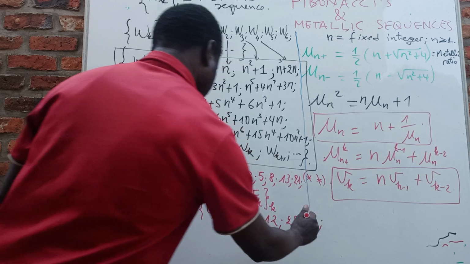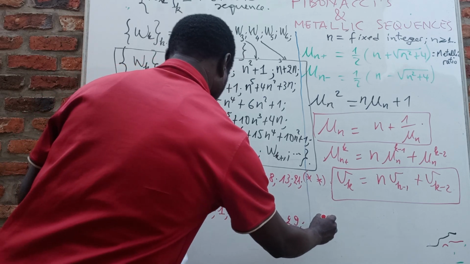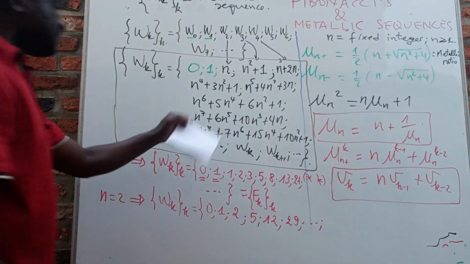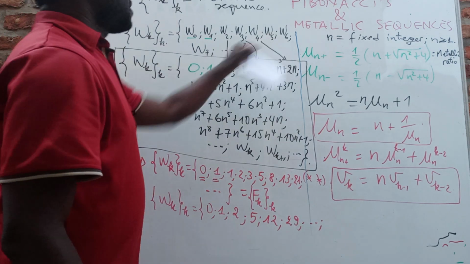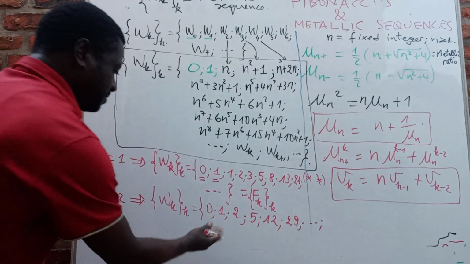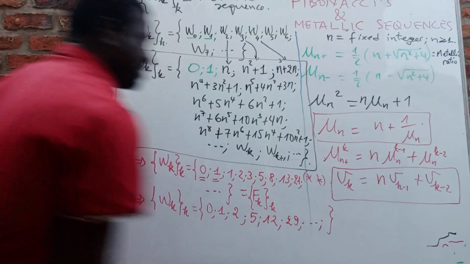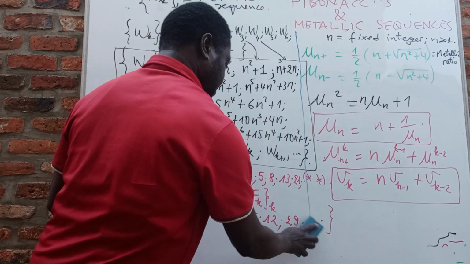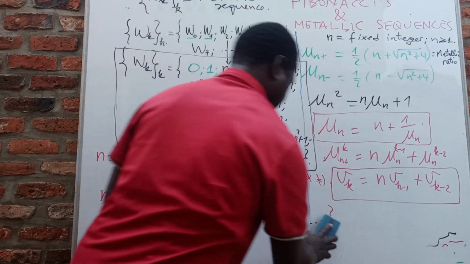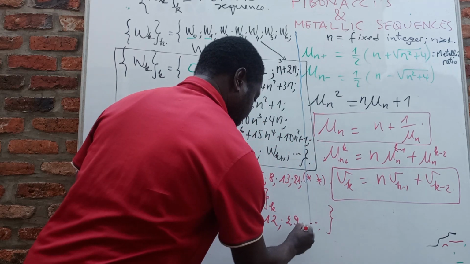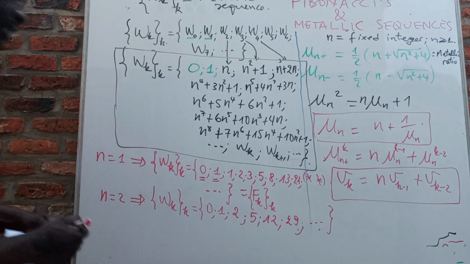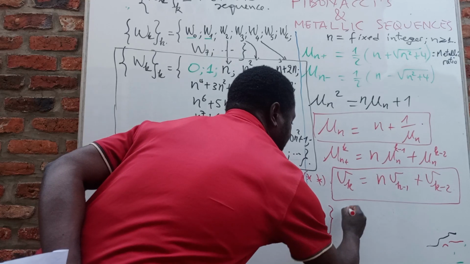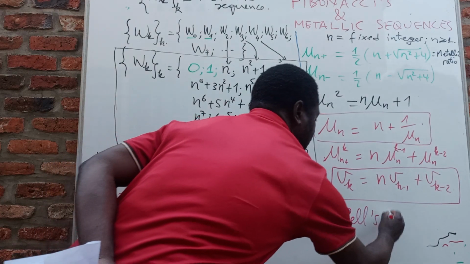So if we consider higher indexing of k, it will become this sequence. Actually, it is a very known sequence. This sequence is commonly known as the sequence of Pell numbers, or just Pell sequence.